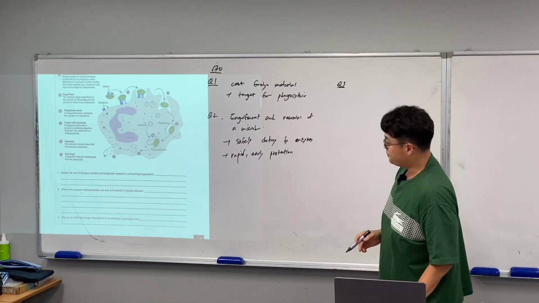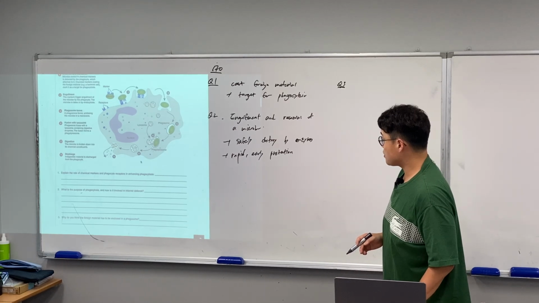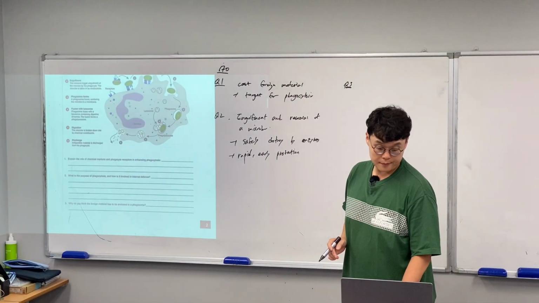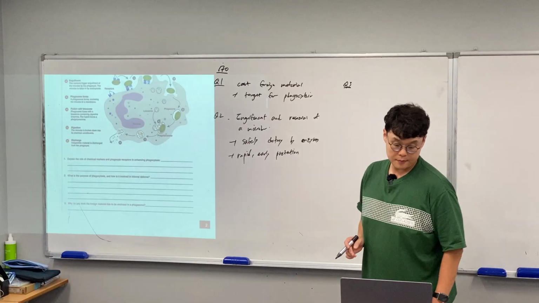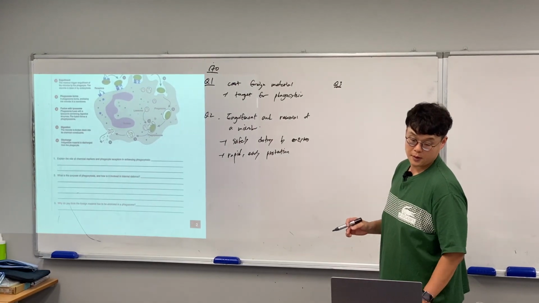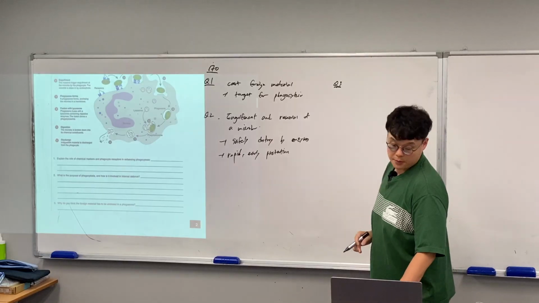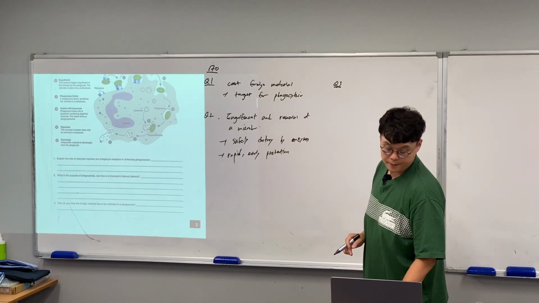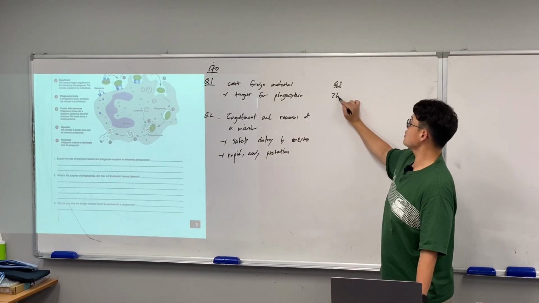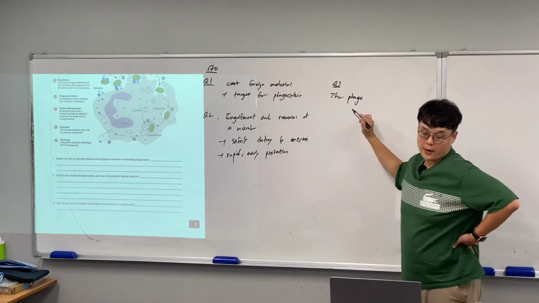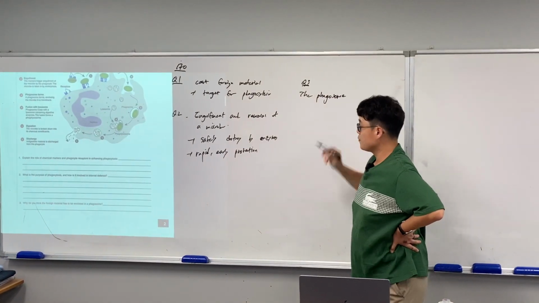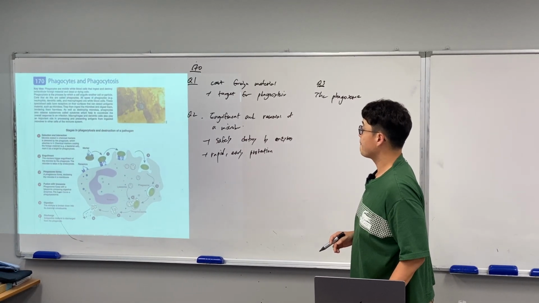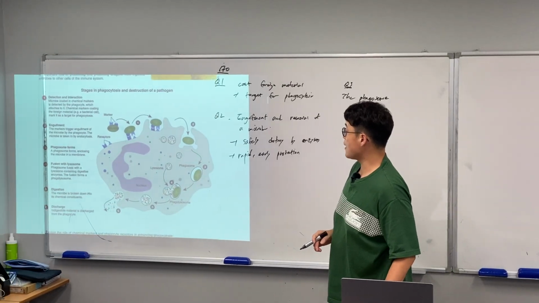Question 3. Why do you think the foreign material has to be enclosed in the pathogens? Liana? Digestive enzymes break it down. Yes, so it contains the digestive enzymes. So what is a phagosome?